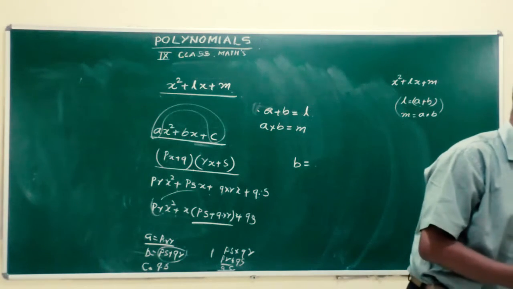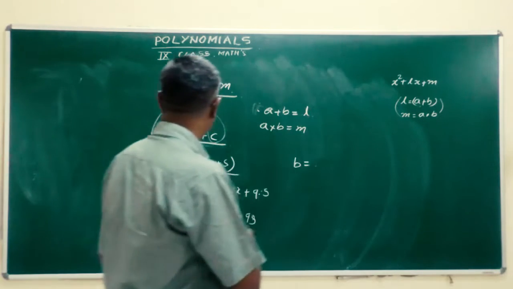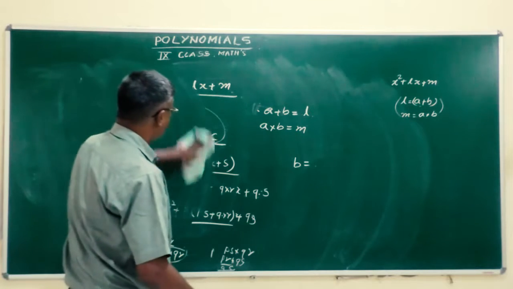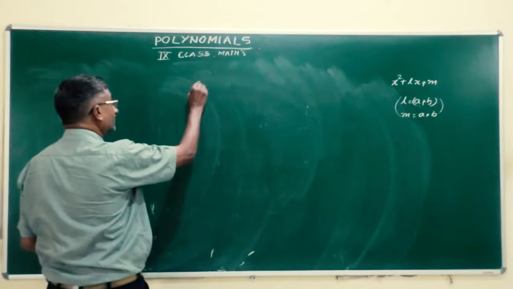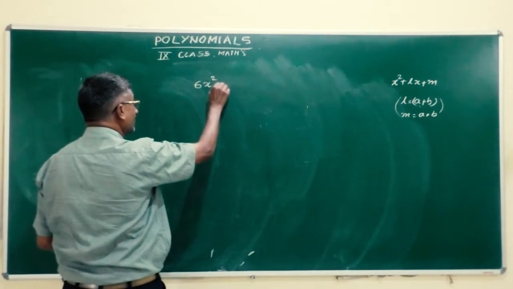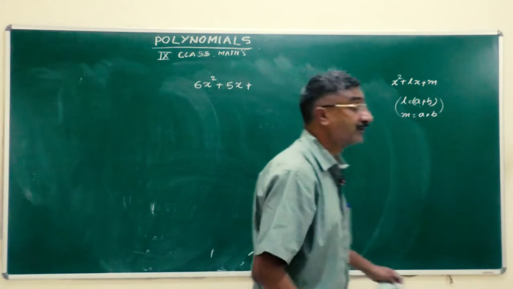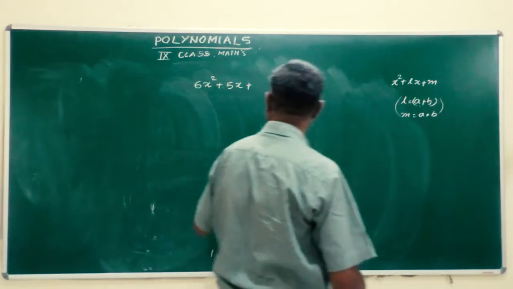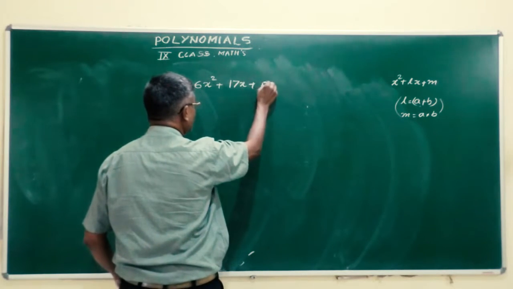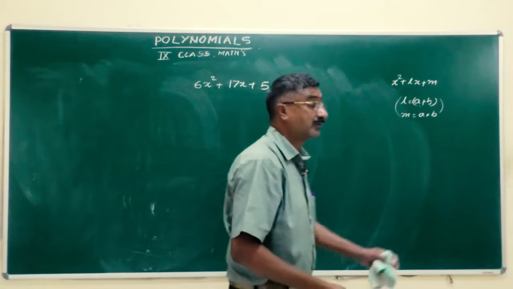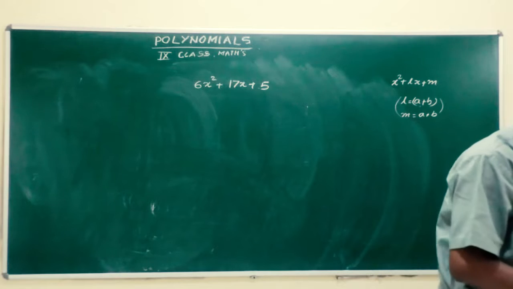So we will take the example, that is 6x square plus 17x plus 5.